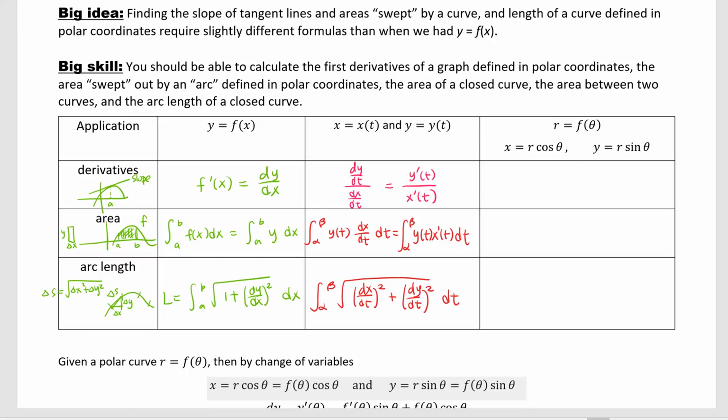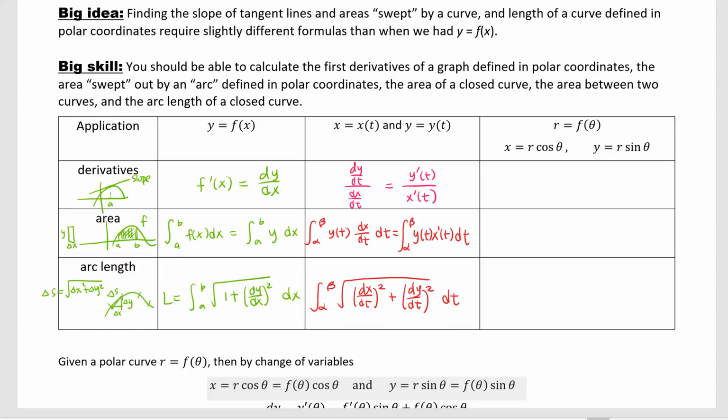The area now becomes the integral from alpha to beta, those are the t values, of y of t times x prime of t dt. And for the arc length, we have the integral from alpha to beta of the square root of x prime of t squared plus y prime of t squared. Okay, so that is the formula for parametric equations.